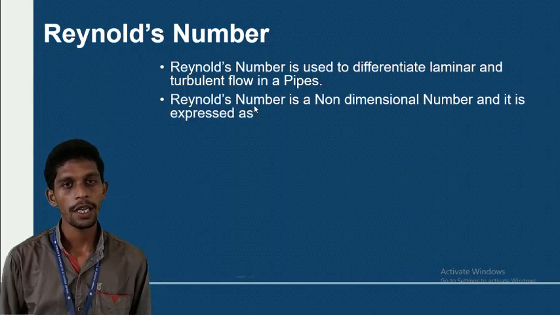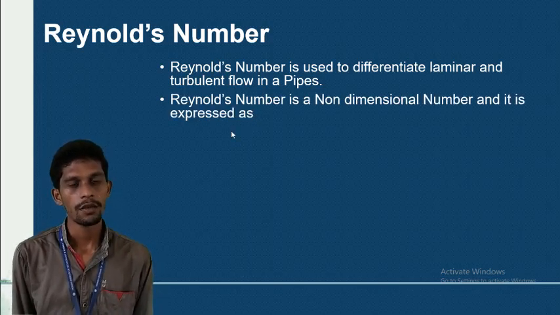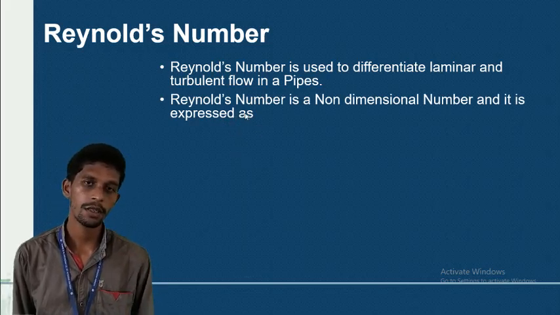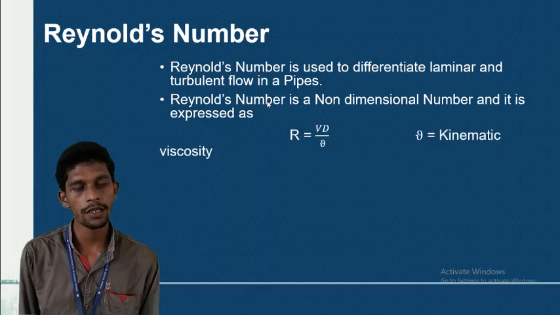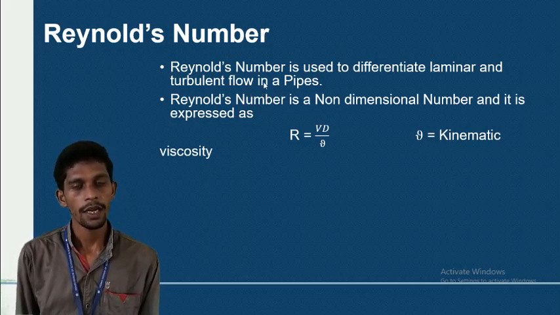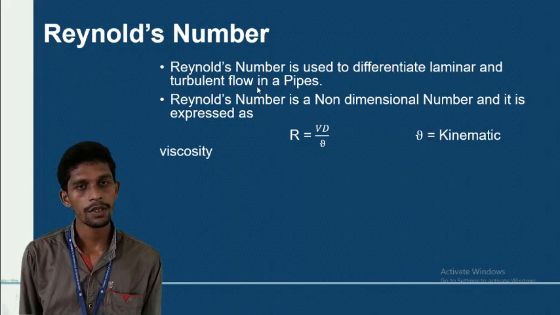It is basically a non-dimensional number denoted by capital R. The formula for Reynolds number is Vd by nu. Here V is the velocity of the flow, d is the diameter of the pipe section, and nu is the kinematic viscosity of water.